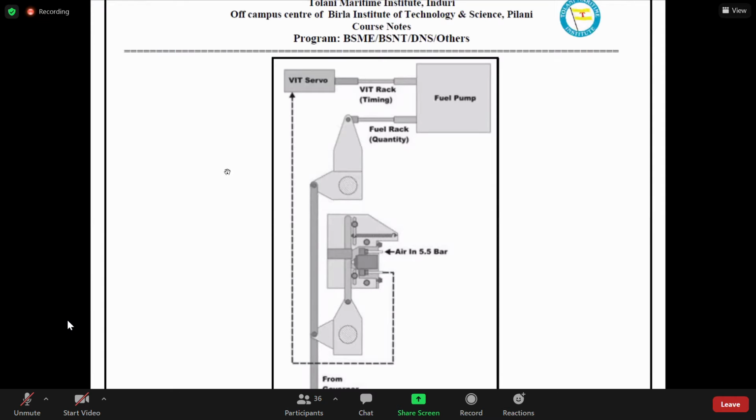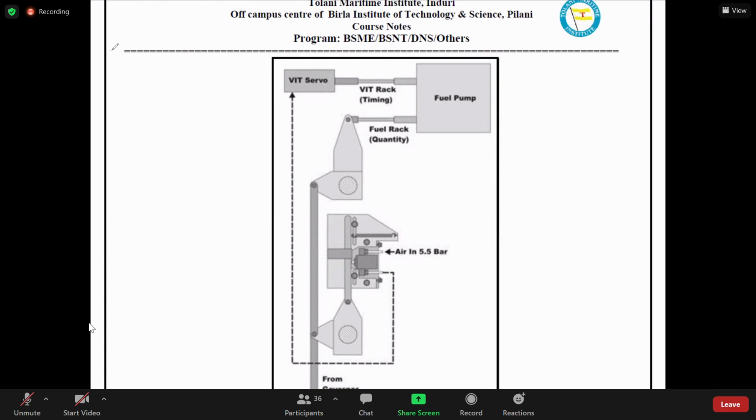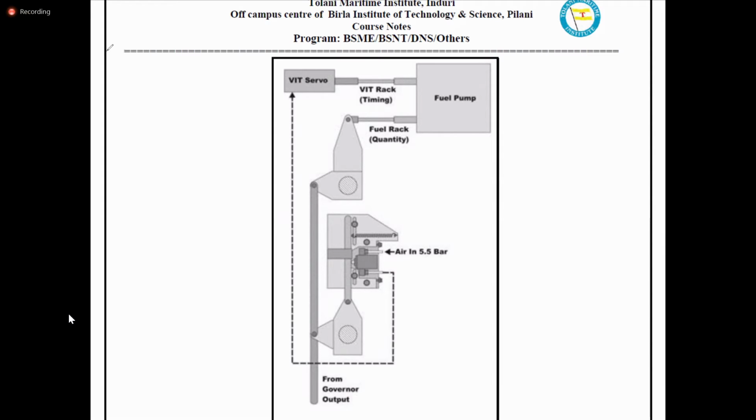You see that VIT coming into action is linked with the load, right? So when the load goes beyond 40% and up to 85%, some action will take place. Beyond 85%, some other action will take place. So there has to be a feedback from the governor. There has to be a feedback from the engine load coming over here.